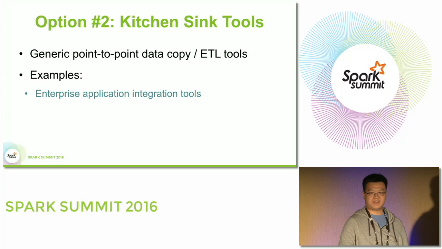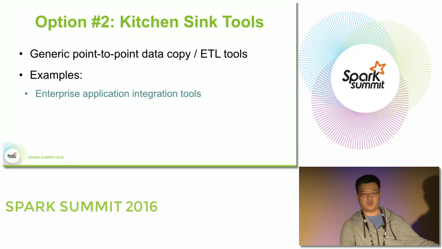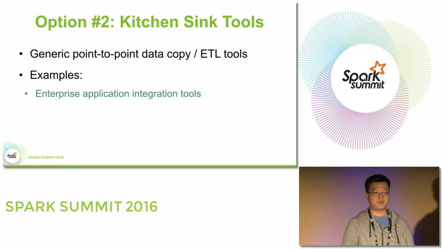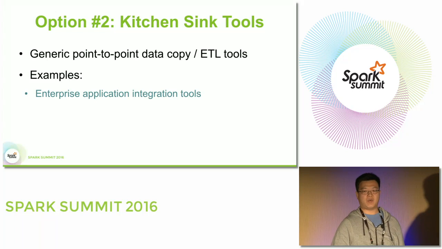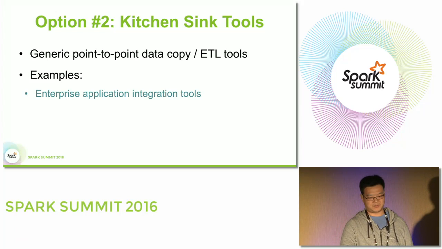Another option that we have seen, which is the other extreme of the spectrum, is that you can build one generic tool which works for all the systems, right? We don't see many examples, but in some enterprise applications, you can have a generic data copying tool that makes very few assumptions about the target system because it has to be very generic.